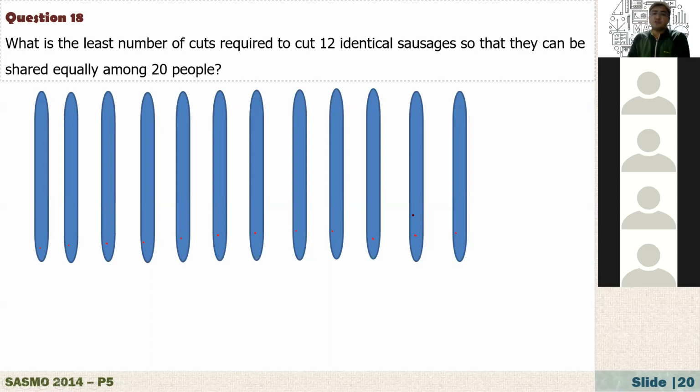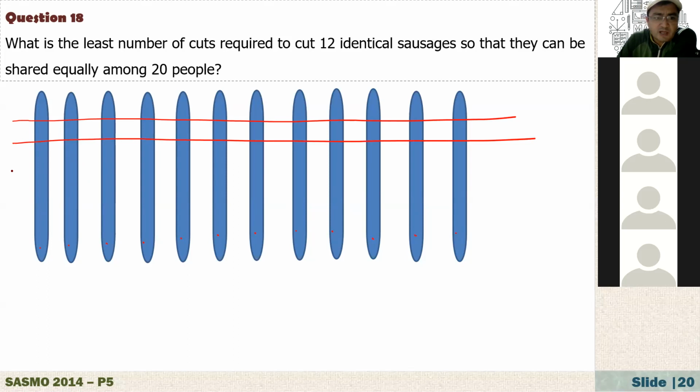You just put your sausages like this. It says we just cut, right? My first cut, suppose you have a big knife, I cut from here. Number 2, I cut from here. Number 3, I cut from here. And number 4, I cut from here equally. So each sausage is divided into 5 parts, right? 1, 2, 3, 4, 5.